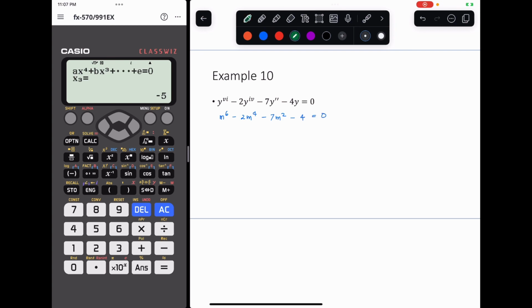So using synthetic division, this would be 1, 0 for m5, then -2 for m4, m3 is 0, m2 is -7, m is 0, and then a -4.